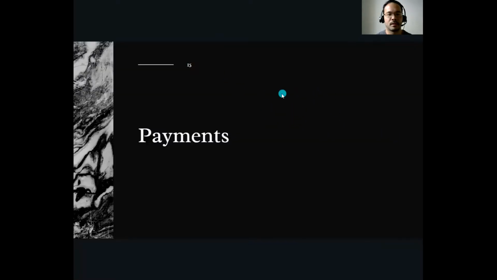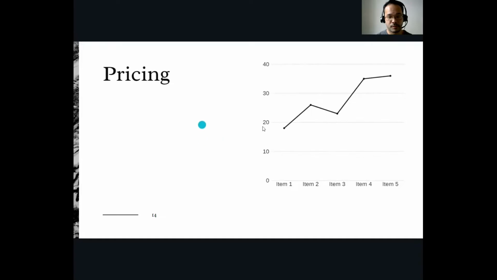So maybe, at least for Xculture, we accept card, Western Union, PayPal, direct transactions. So anything that you may find of interest for your own company, you will just mention and explain why. And the same goes for the pricing. Okay, so this price is the best because, and explain why you chose that.